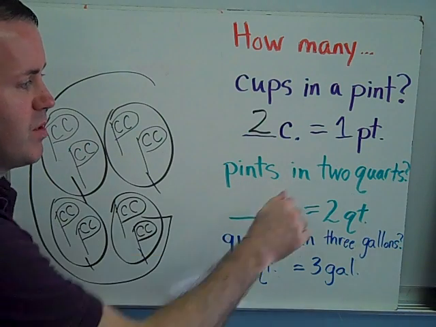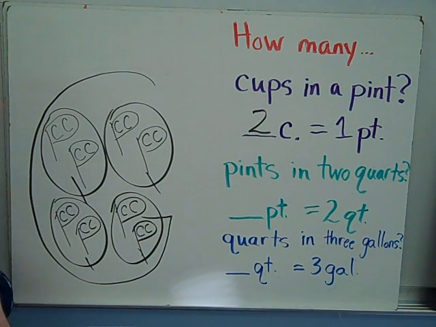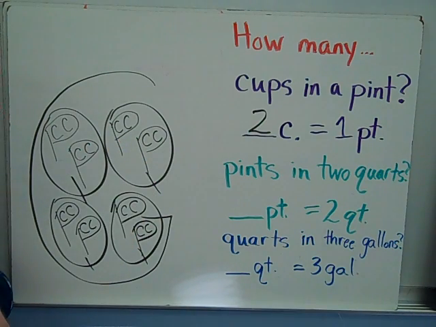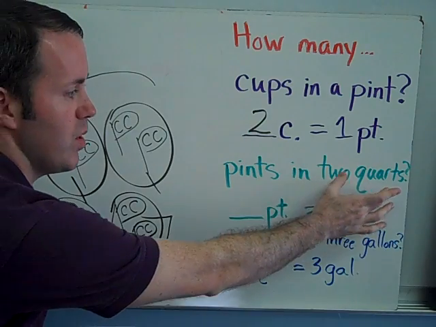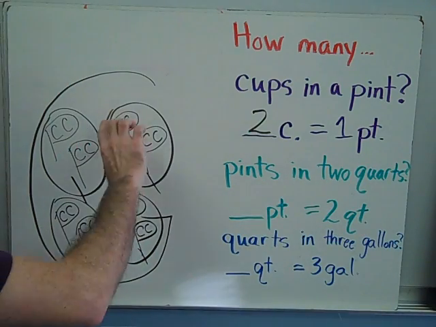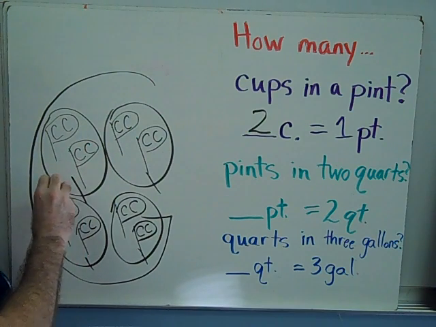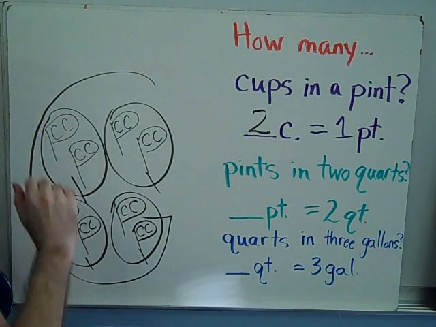How many pints are in 2 quarts? Okay, so let's see. I need pints, which is all of my P's, and I need to know in 2 quarts. So here's 1 quart, and there's a 2nd quart. So I have to count all of my P's, my pints, that are in 1, 2 quarts.